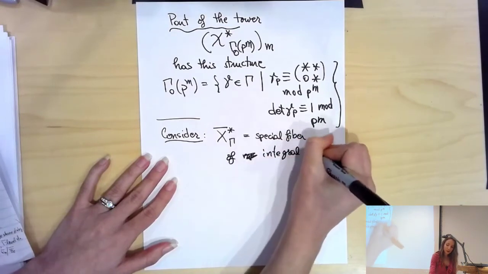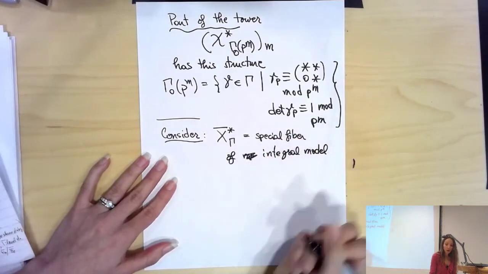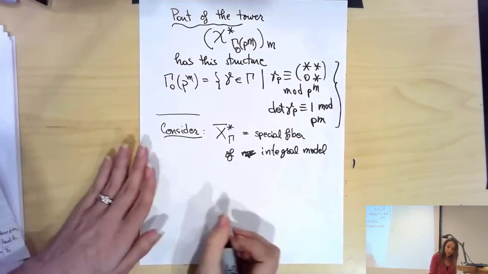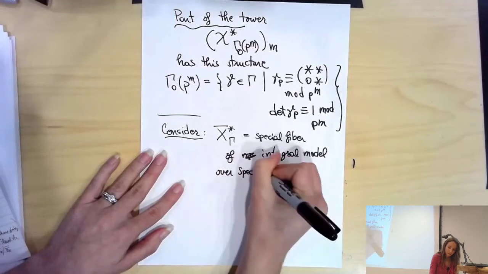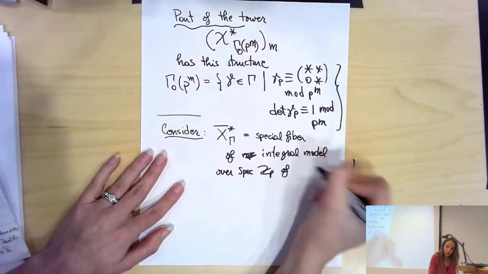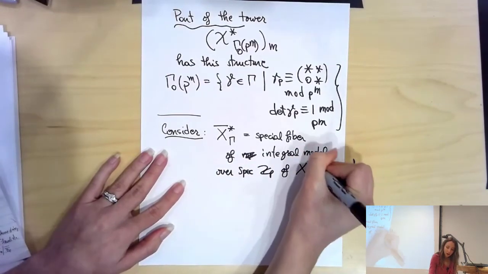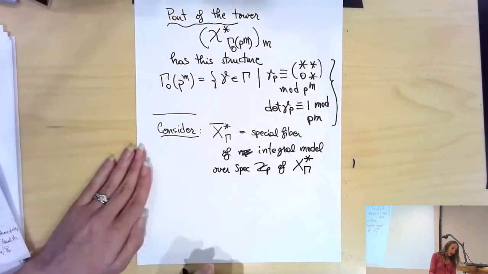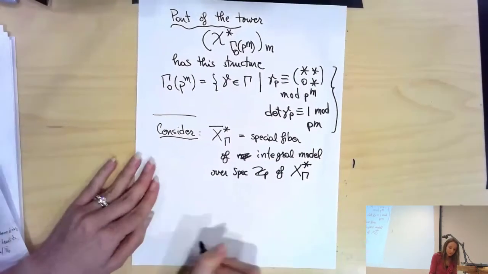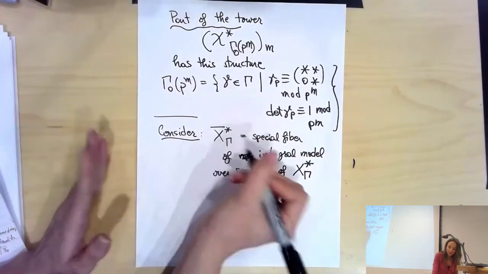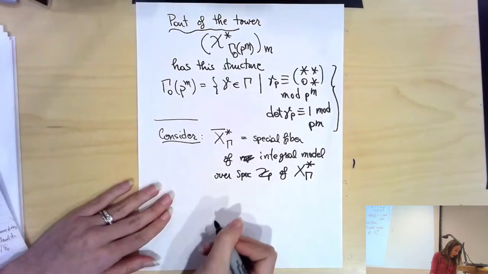There is an integral model over Spec Z_p of the modular curve X^*_Γ, and this has good reduction over Spec F_p.